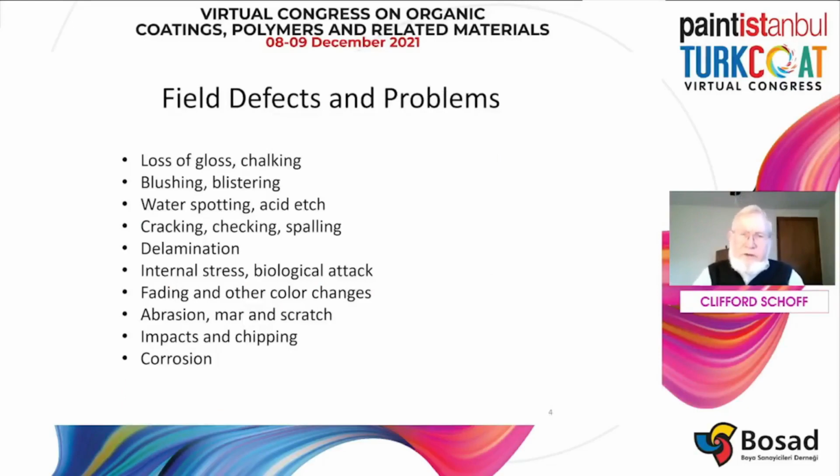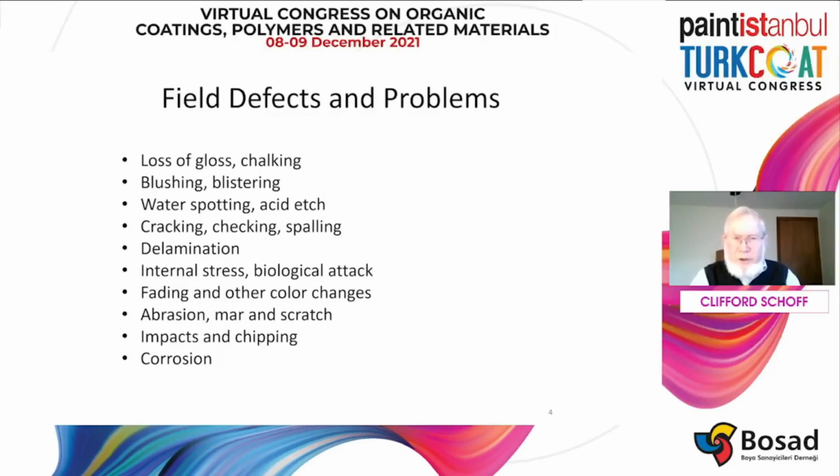Field defects, there are so many different ones. It depends on what kind of coating. With automobiles, loss of gloss has always been a problem. Chalking occurs on houses. Blushing is where water is picked up and changes the color of the paint.